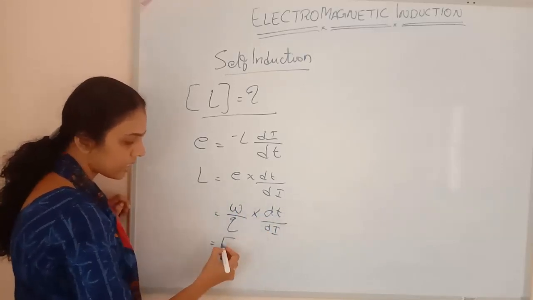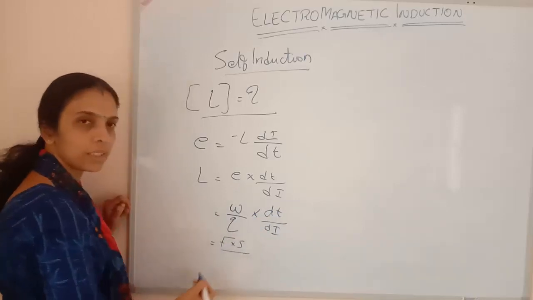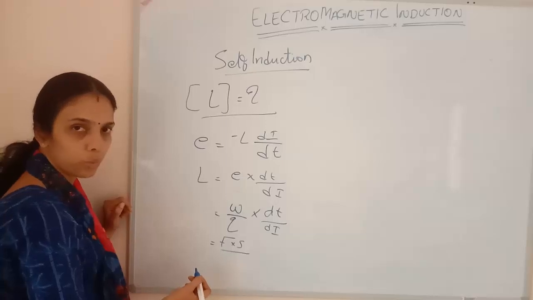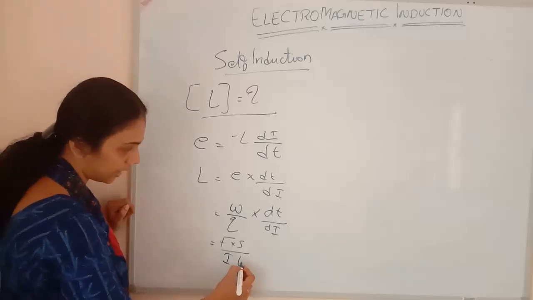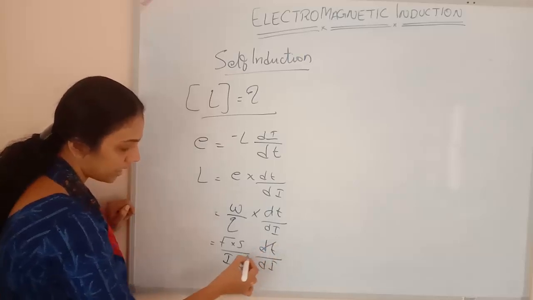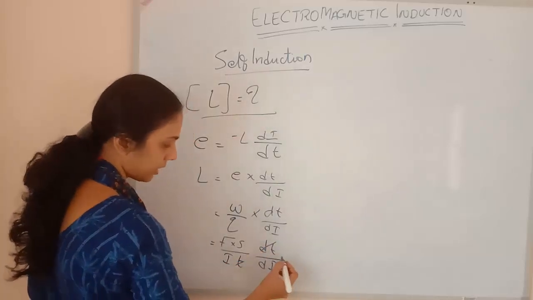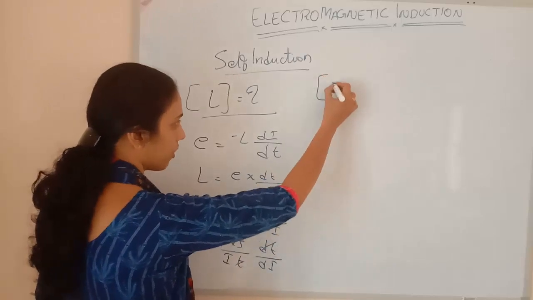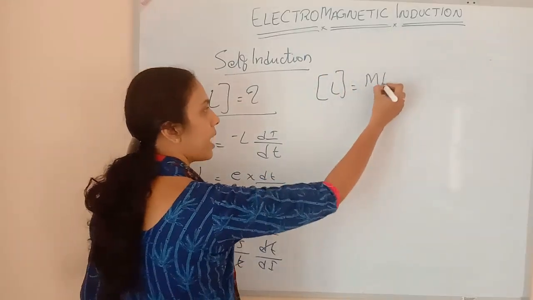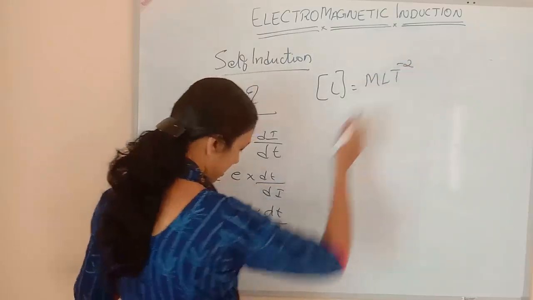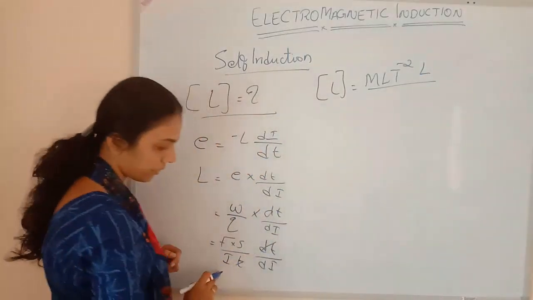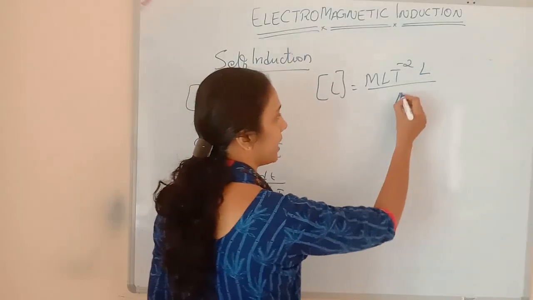Work done means force into displacement. What is the dimension of Q? I is equal to Q by T, so Q is I into T. The dt and dt cancel, so the dimension of L is force into displacement divided by I into I. The dimension of force is M L T to the power minus 2, into displacement L, divided by I squared, that is A squared.